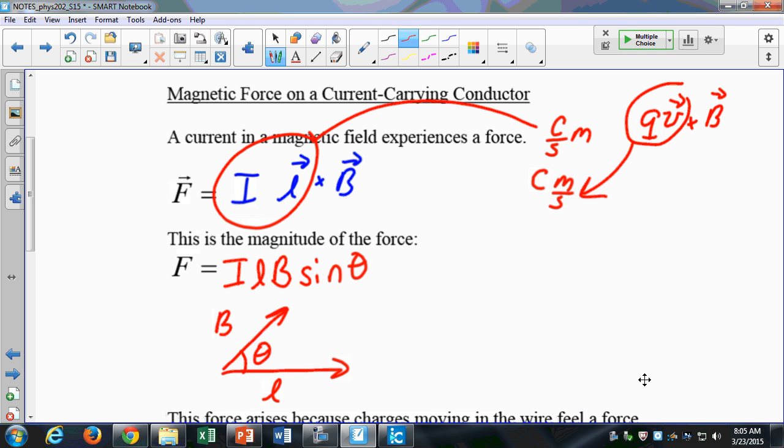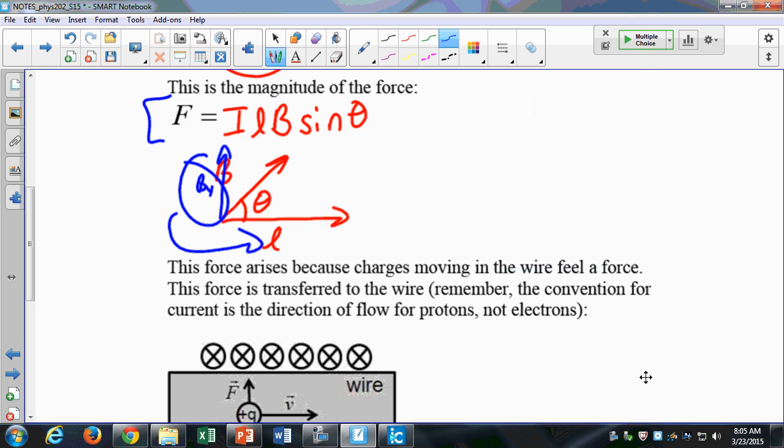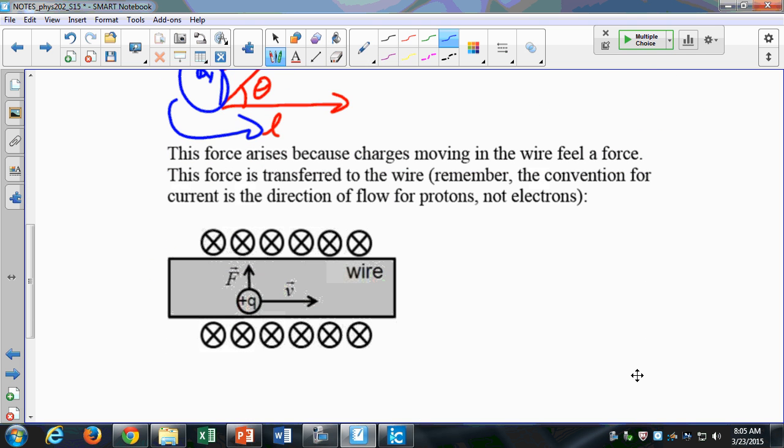So also, as before, when we take this cross product, we're multiplying the component of one of these vectors, say the y component of B, times L. Right, cross product takes the product of two perpendicular vectors. You can think of this too, as I say, just think of it as a charged particle in a wire.